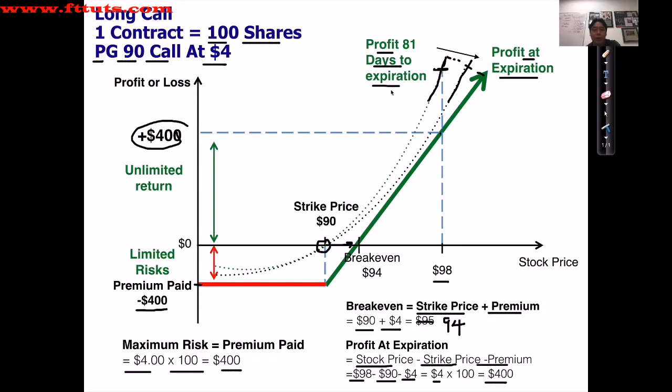We will make a lot more money than $400 because we have got a lot of extrinsic value left. But again, if we wait to expiration and the graph begins to come down to this line, then we will make only $400. And that's why when we buy a call option, we want the price to move significantly as fast as possible, because the faster it moves and the faster we sell the option, the more profit that we make. So we buy the option at a low price, we sell it at a high price, and we take as much profits as we can.